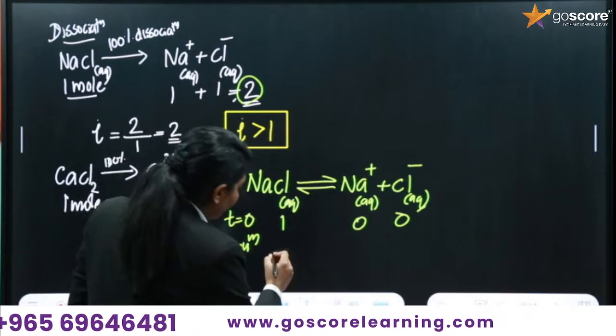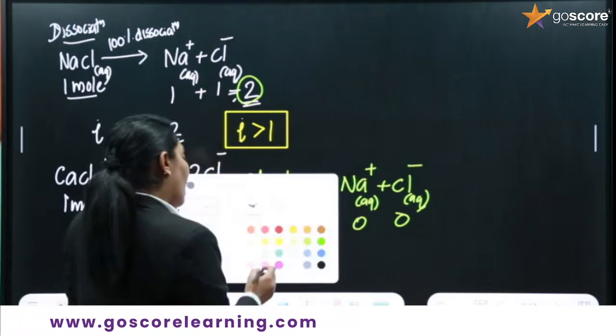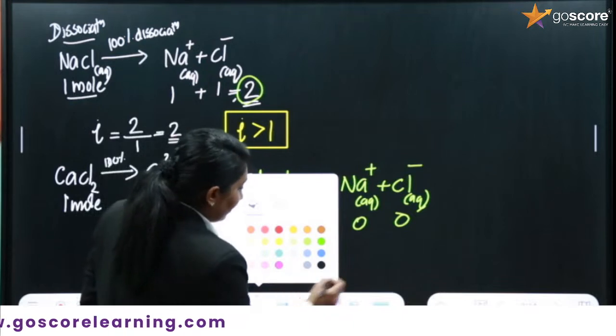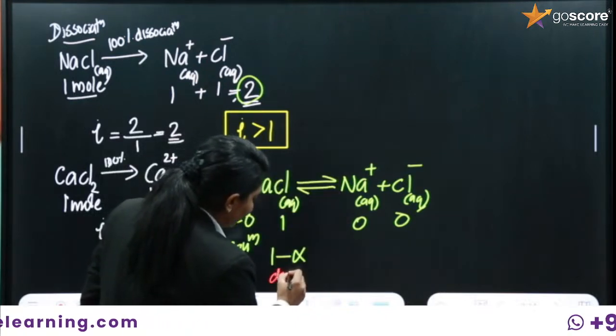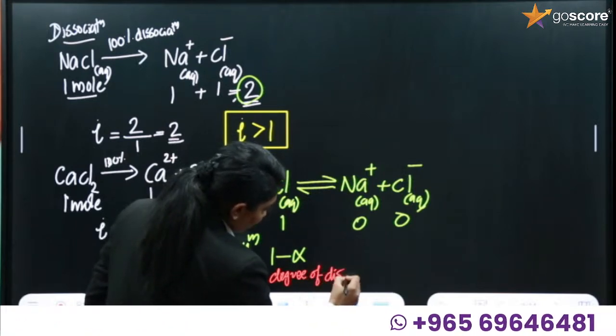So we can write it as 1 minus alpha. What is this alpha? Alpha is nothing but the degree of dissociation.